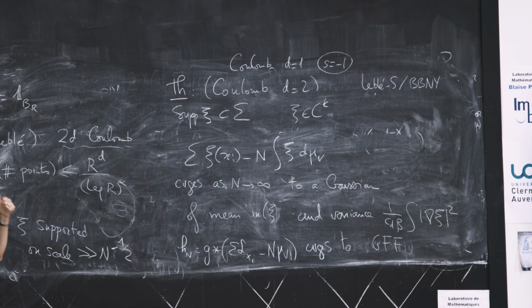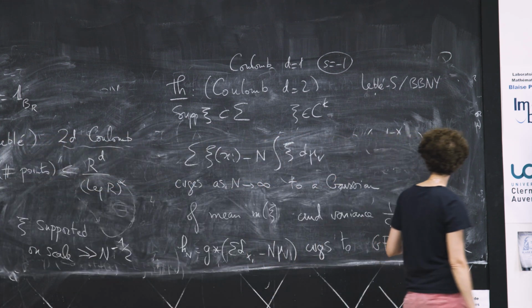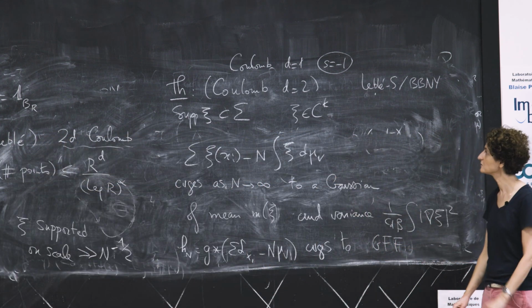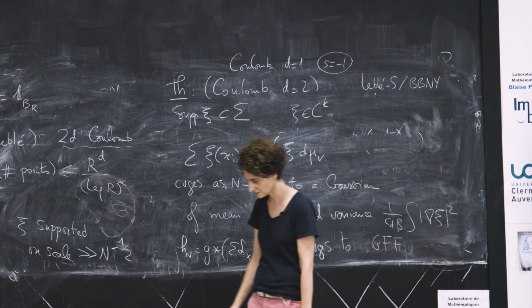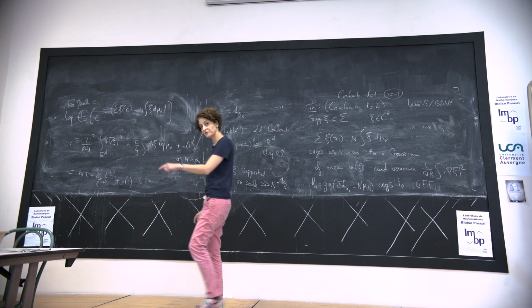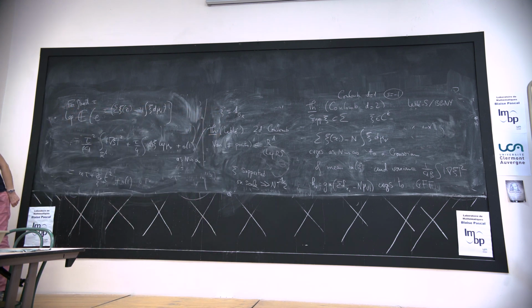There were works of Johansson, Bourgade, Erdős, Yau, Sherbina, so they proved a similar result in the 1D log case. But the 1D Coulomb case, which is not the 1D log case, is proven for the first time in these notes. So I included it here. It's a new result. So it's higher dimension that's difficult. Any questions on this?